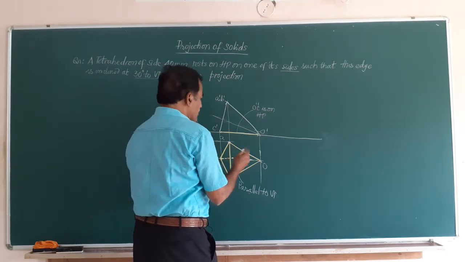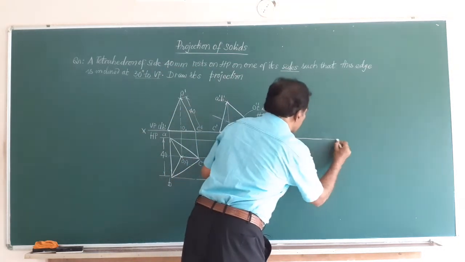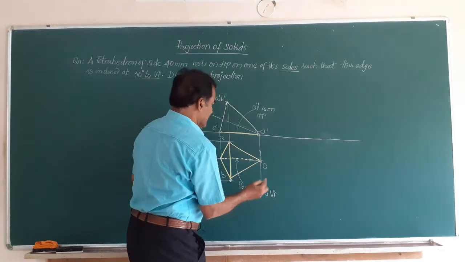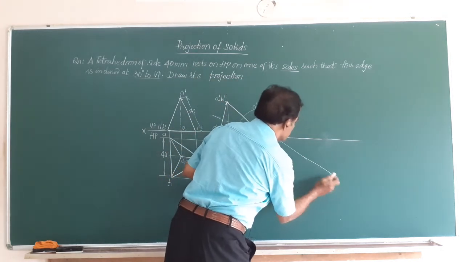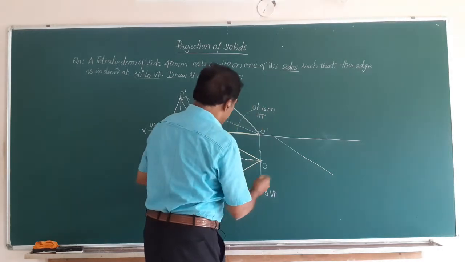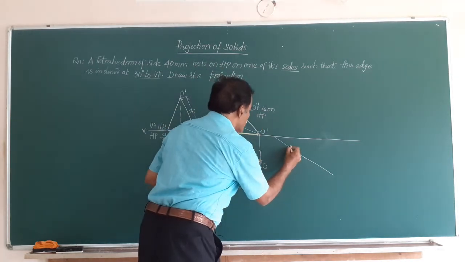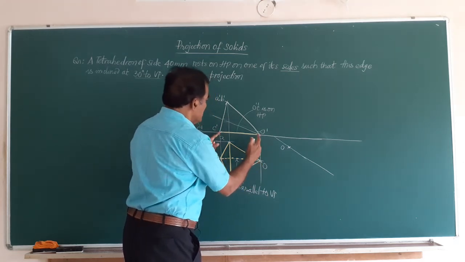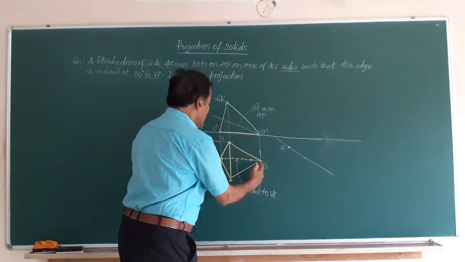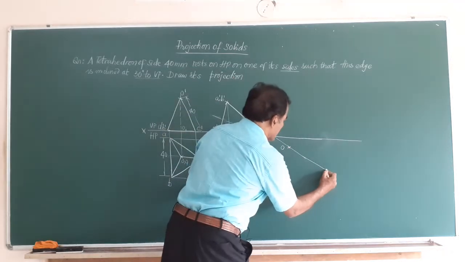So, I am going to redraw this figure on an angle of 30 degrees to this XY line. Let me take this point as O, and then I will mark that OC, this length OC, they are same. Keep a scale, take the measurement and mark on this.